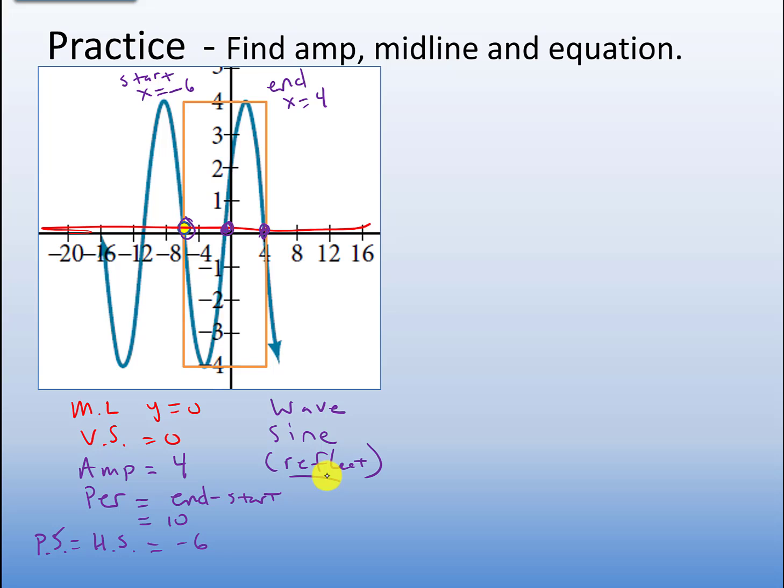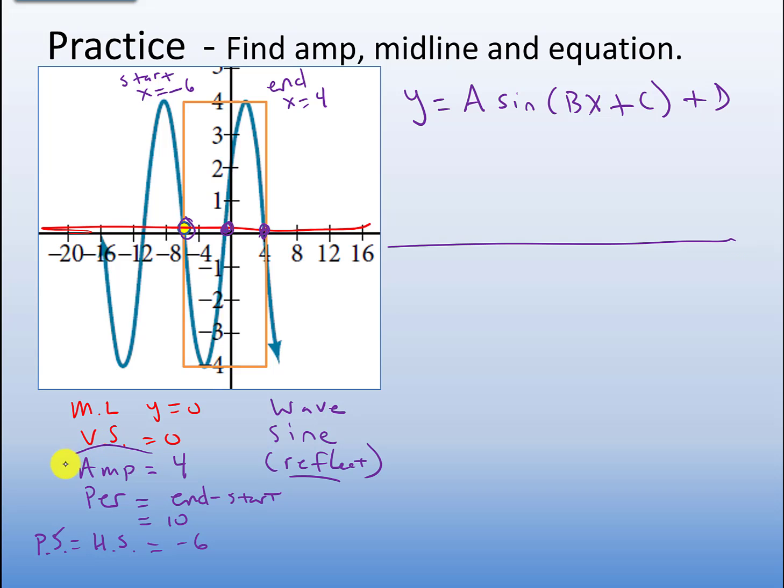All of those parameters on the box tell us everything we need to know about this graph. So let's start our equation. y equals A sine(bx plus c) plus d. And let's do some scratch work here.